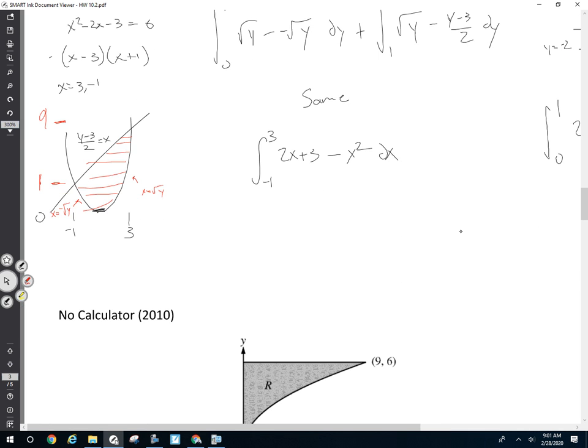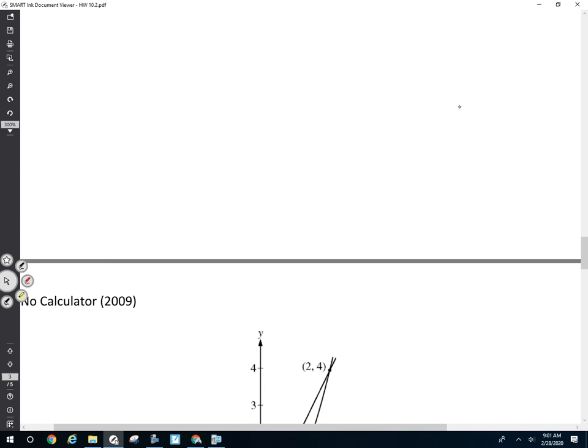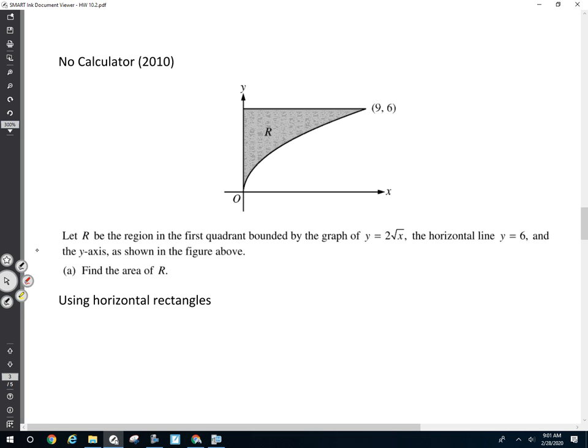That's important. Now we're going to go into some of our free response questions. And we are going to find areas that we might have already found just using horizontal rectangles. So sketch them. We see I'm starting from 0. I'm going to this y coordinate. What is this y coordinate? It's 6. So I'm going from down to up to ensure my dy, my height, is positive.